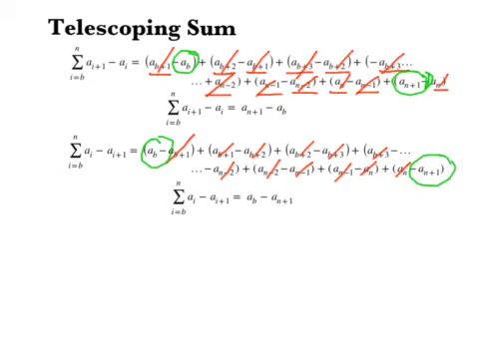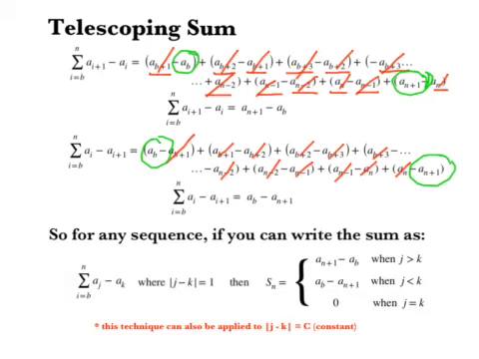So, what we can do then is generalize this, and say, if we have terms a sub j and a sub k, where the absolute value of the difference between j and k is 1, in other words, these two terms are sequential.